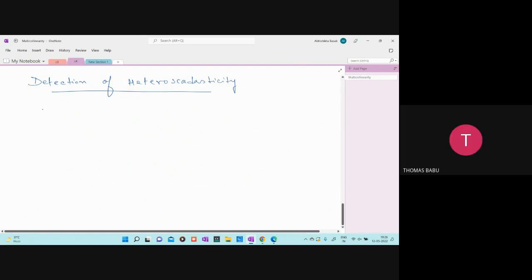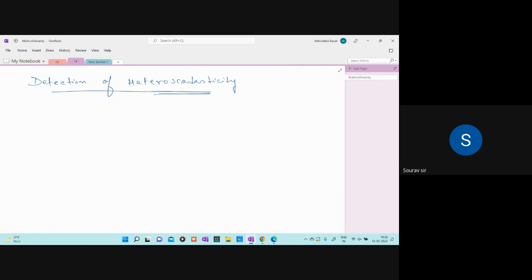I'm not able to recall, ma'am. Okay, so can you define the situation when we say that heteroskedasticity is present? Do you know the actual meaning of presence of heteroskedasticity in a very rough sense?